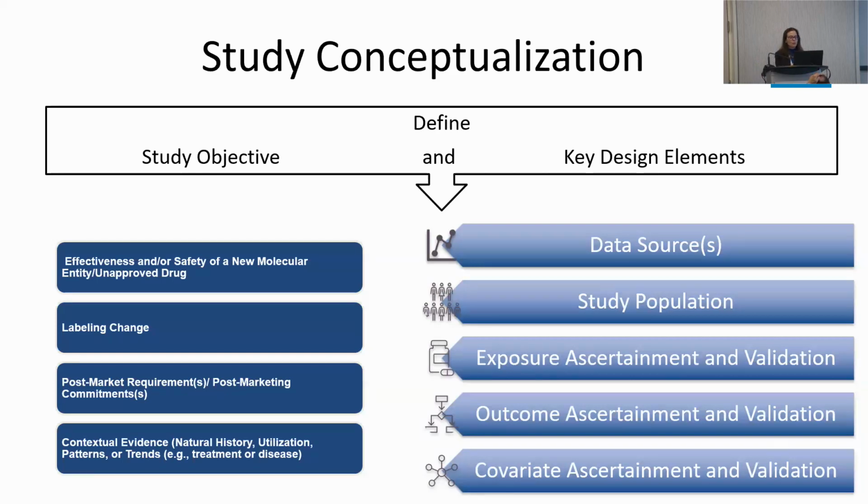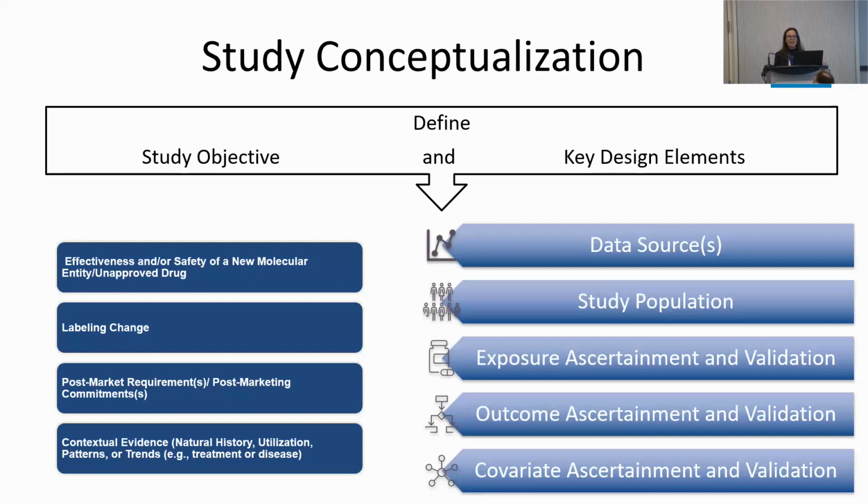So whether your objective is effectiveness, a labeling change, post-marketing, or contextual evidence, thinking about the key design elements of your data source, your study population, exposure ascertainment, outcome, and covariate ascertainment, which were mentioned by Dr. Friedman as well in the previous presentation. So it carries through that these design elements are really important.